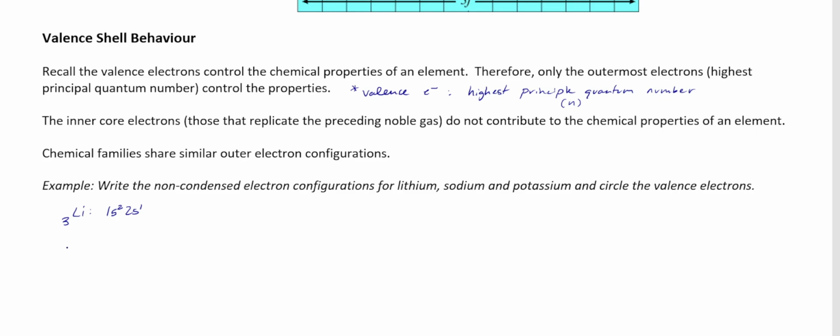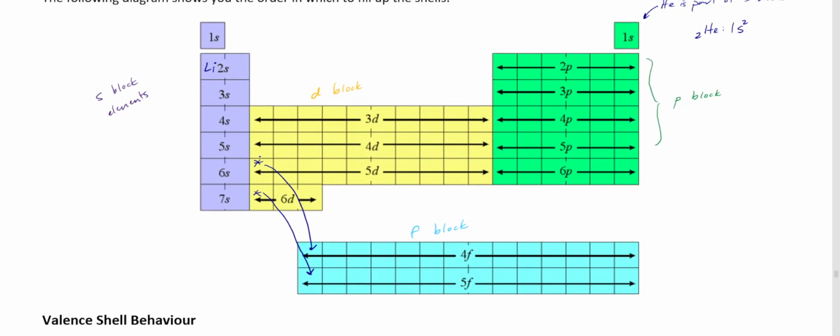I look at sodium. Sodium has the atomic number of 11, and sodium is right below lithium, right here. So if I take a look, I go 1s2, 2s2, 2p, 1, 2, 3, 4, 5, 6, 2p6, 3s1.